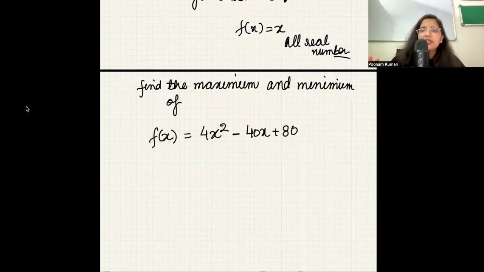Somebody says ये function है, इसकी maximum value बता दो और इसकी minimum value बता दो. Give us the minimum and maximum value of this function. And we are talking about x, which belongs to the interval 0 to 8.